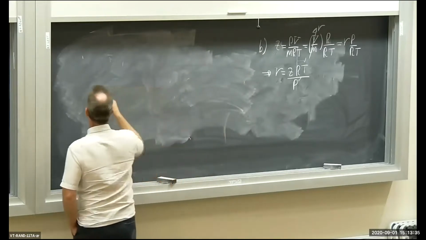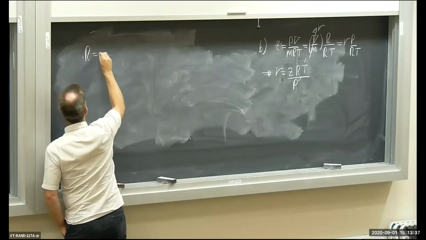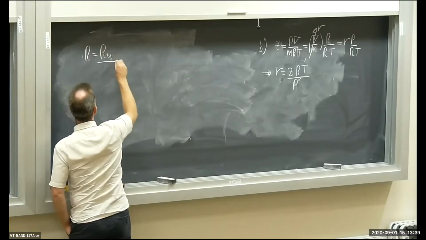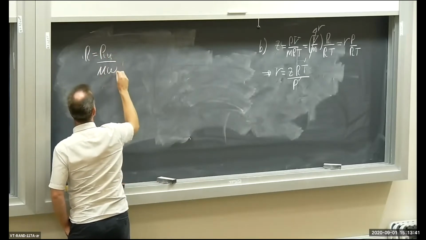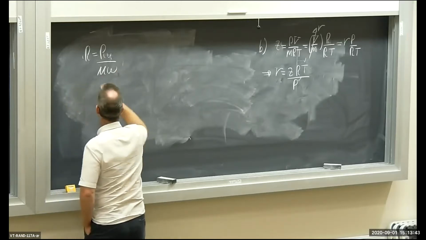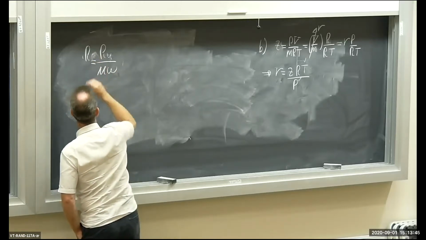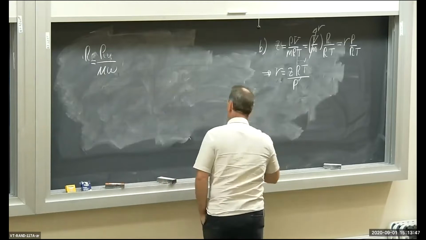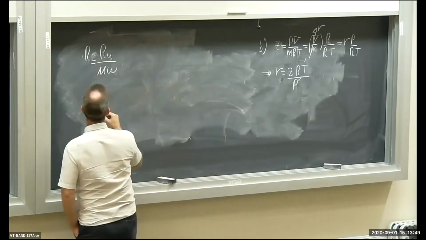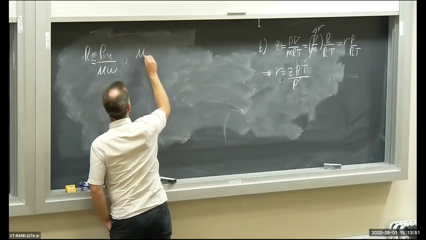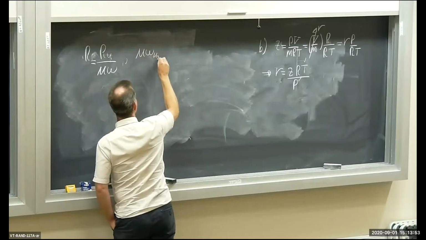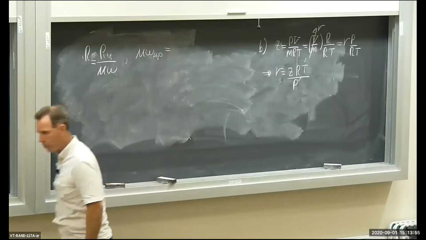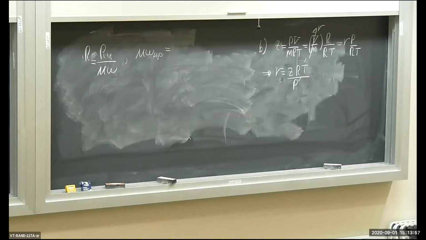Let's see here, R. R is equal to the universal gas constant divided by the molecular weight for the material. Now we have H2O, so what is the molecular weight for H2O? Let's go to our text, our notes, and look up the molecular weight of H2O, water.